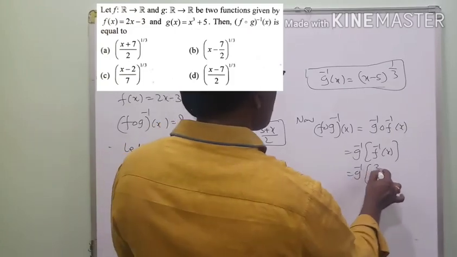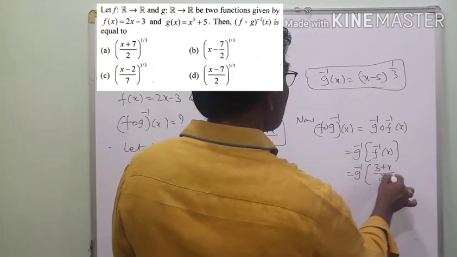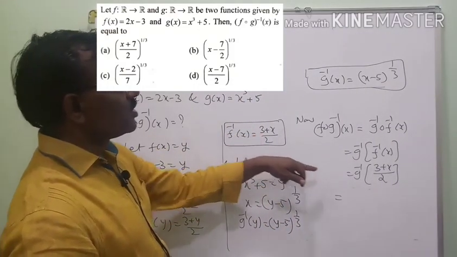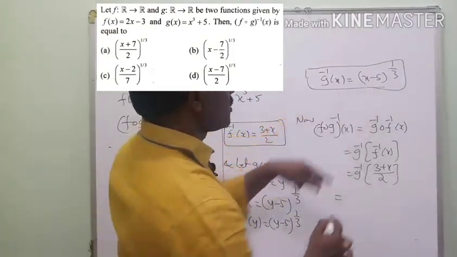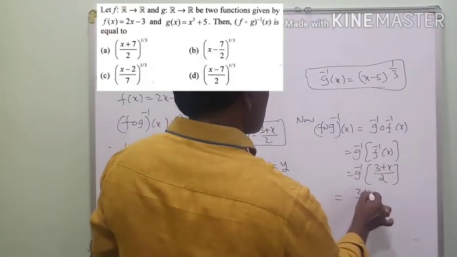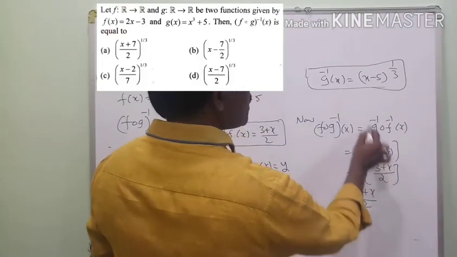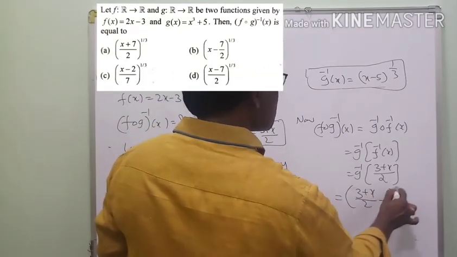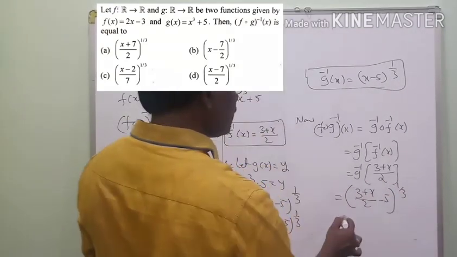F inverse is (3 plus X) by 2. Replacing X by (3 plus X) by 2 in G inverse, we get ((3 plus X) by 2 minus 5) whole raised to 1 by 3.